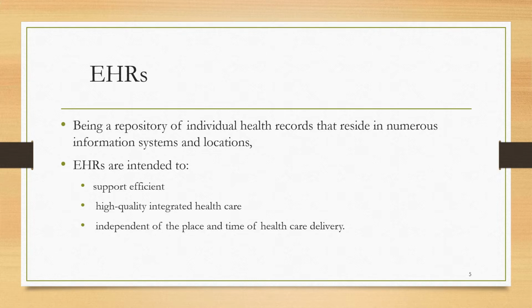Being a repository of individual health records that reside in numerous information systems and locations, electronic health records are intended to support efficient, high-quality integrated healthcare, independent of the place and time of healthcare delivery.